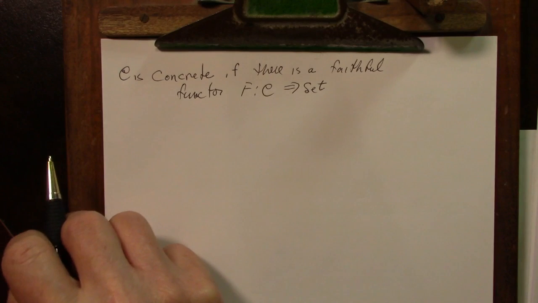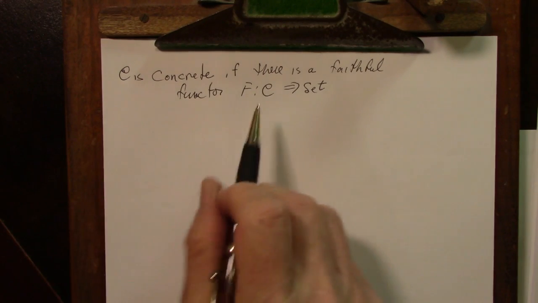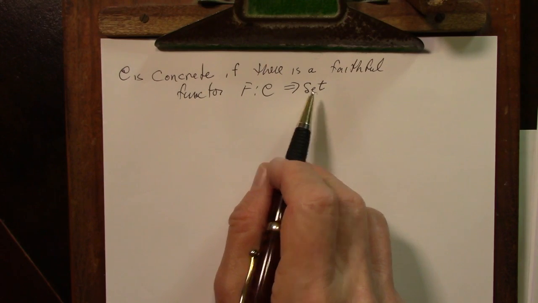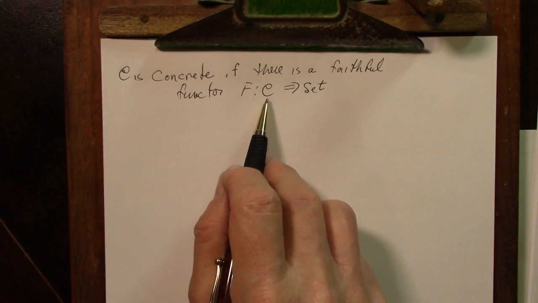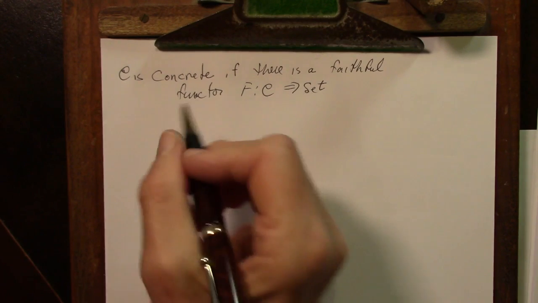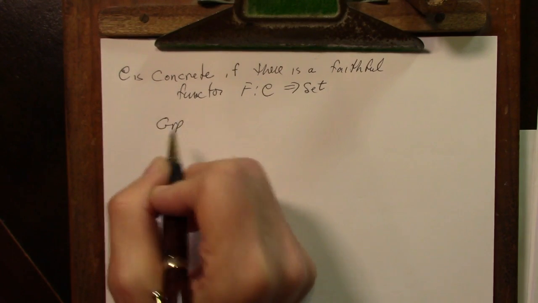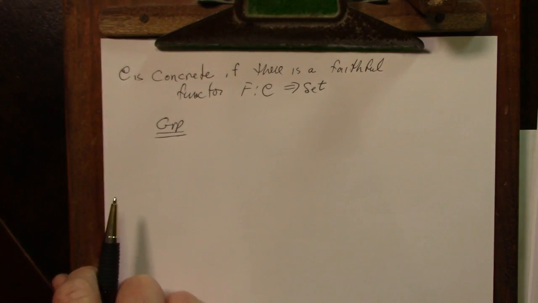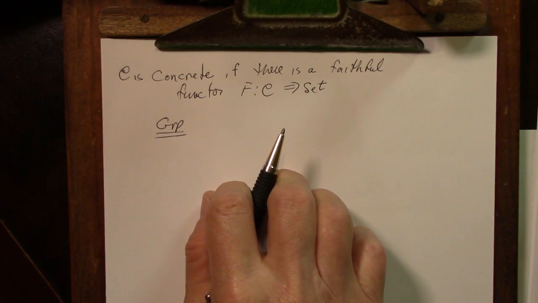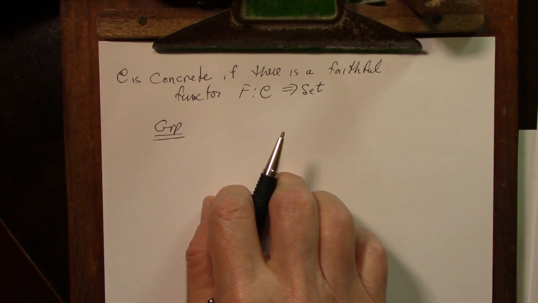So a faithful functor, first of all, the objects then are getting mapped to sets. The possible problem here is that different objects can get mapped to the same set. But if you think about the category Group, for instance, different groups will be the same set. Right? I mean, you can define group structure on a set in different ways, and so you'll get different groups, but you'll have the same underlying set.